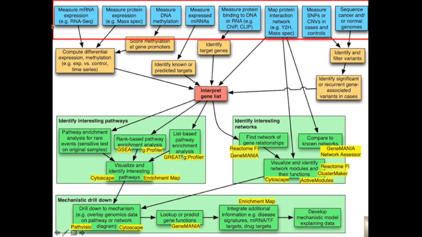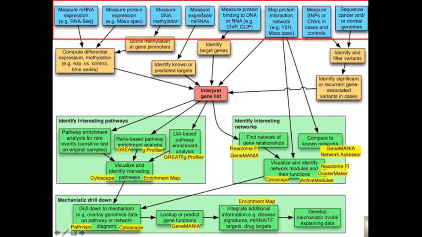Okay, so the first part of this larger, more detailed workflow is this blue layer here, which covers many different types of omics data that can be converted into gene lists. We talked about gene expression data and protein expression data. Those are very similar. DNA methylation is similar, but we might need to score methylation of gene promoters to get a gene list or link methylation groups to genes.